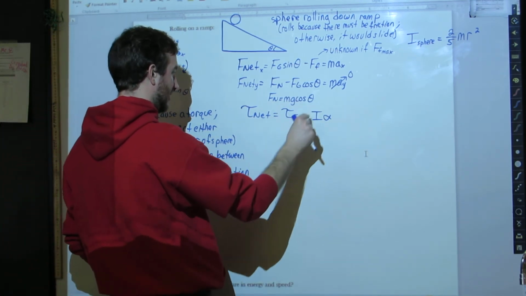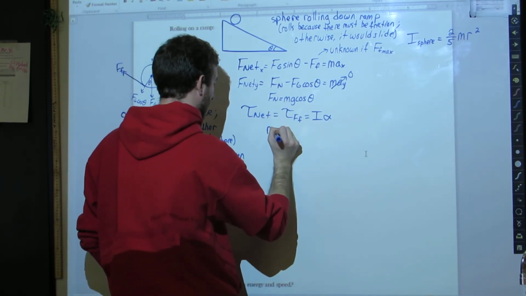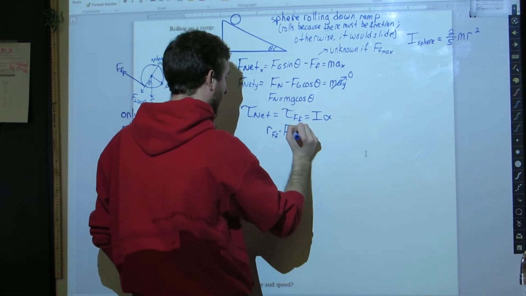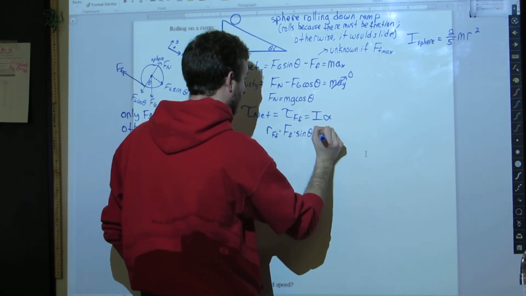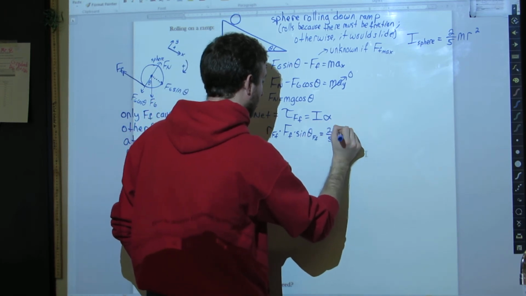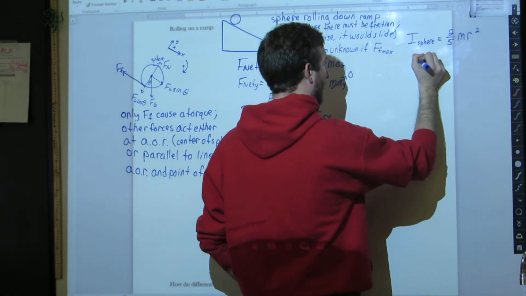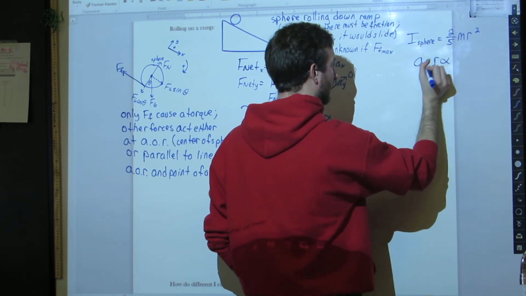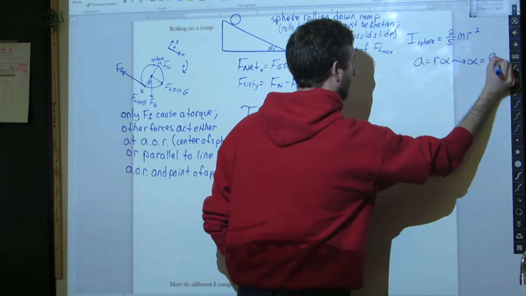Okay, so this is r f_f times f_f times sine theta f_f equals 2/5 mr squared. And remember our little equation for alpha, we know that linear acceleration equals r alpha. Therefore, alpha must equal a over r.